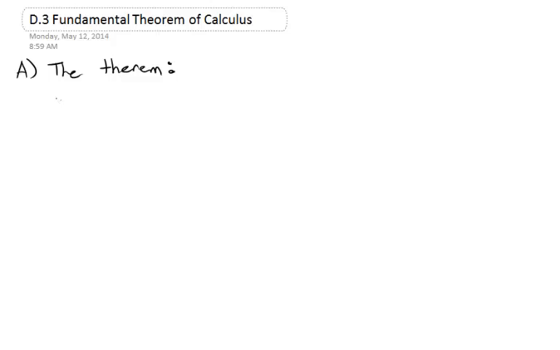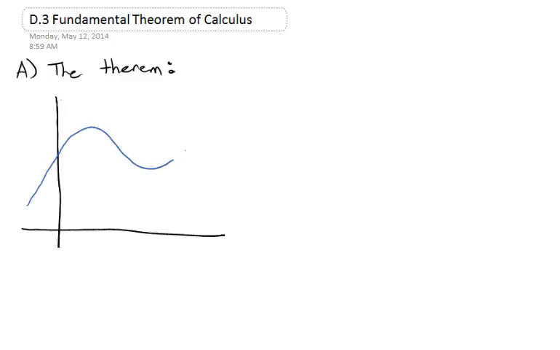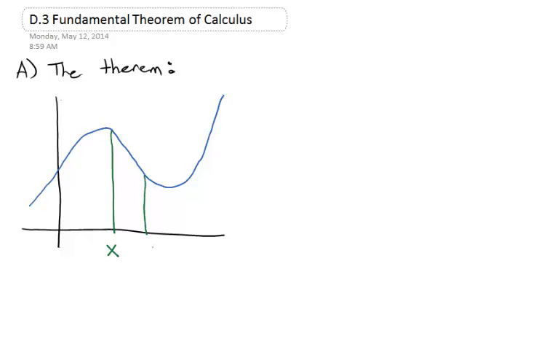So let's take a look at this theorem. I'm going to start with the graph of this function, just any old random graph. Let's say for a moment we're particularly interested in the area between this point, we'll call that x, and this point over here, where we moved over a width of h, so that's x plus h.